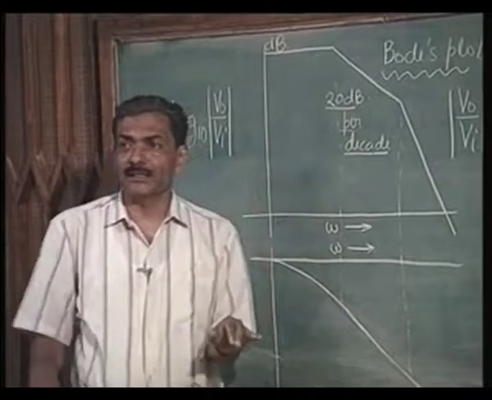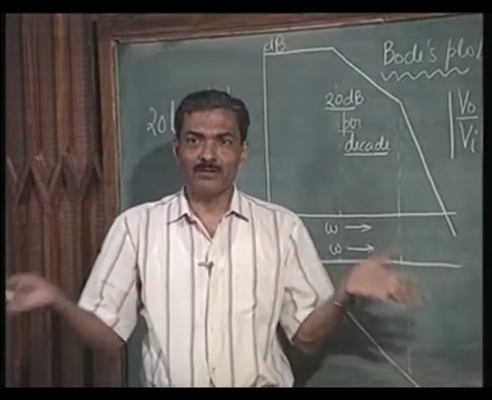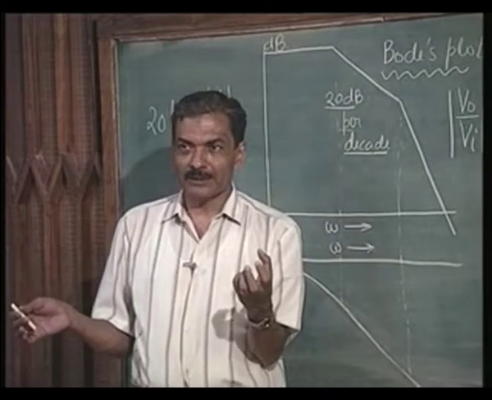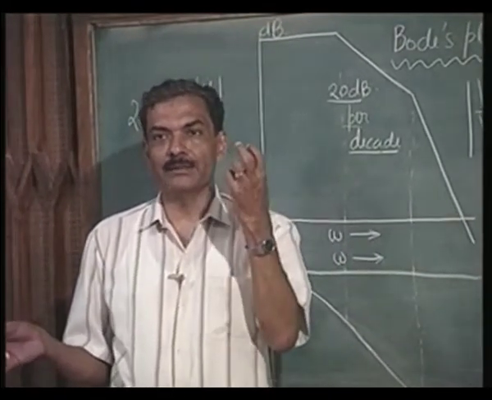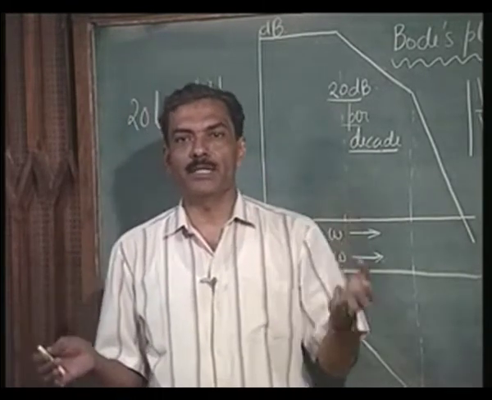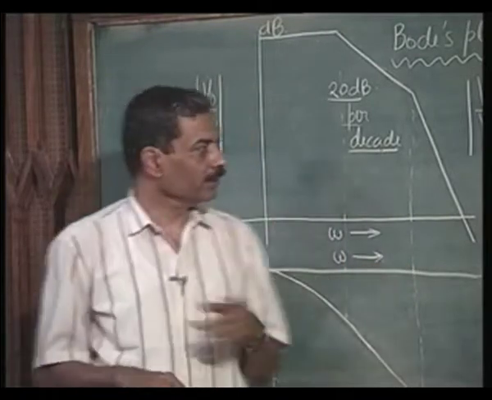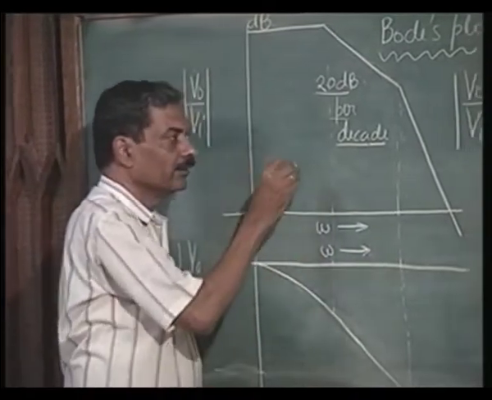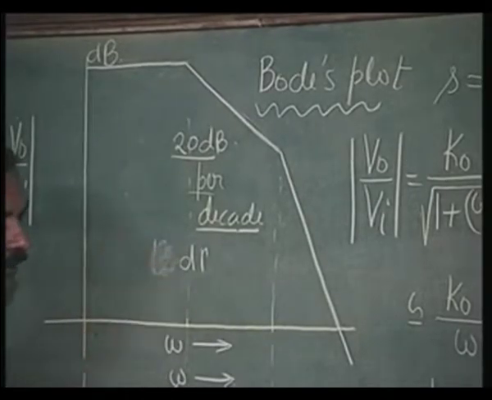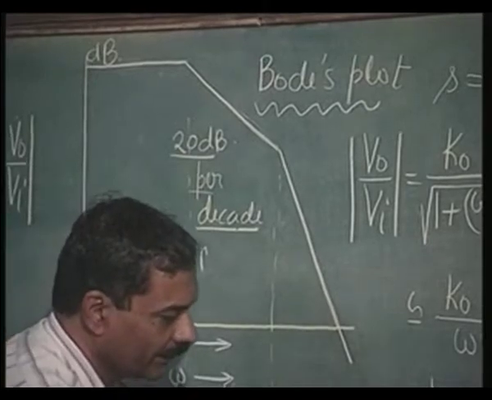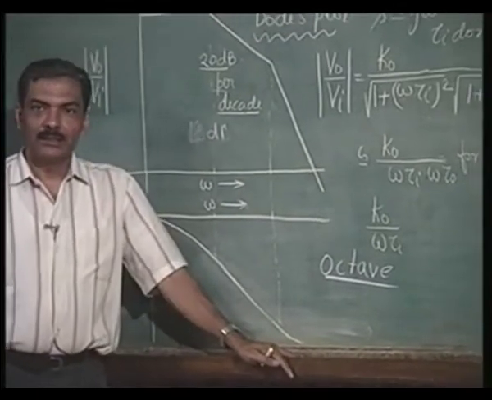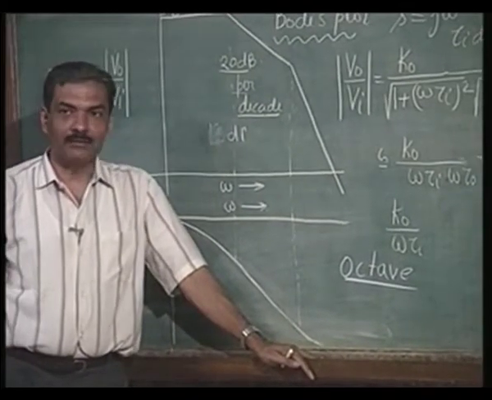This is always the case, irrespective of any specific amplifier configuration. If one time constant becomes dominant, we can make a general statement that there is going to be an attenuation of 20 decibels per decade. Instead of decibels per decade, we also have a terminology called octave.